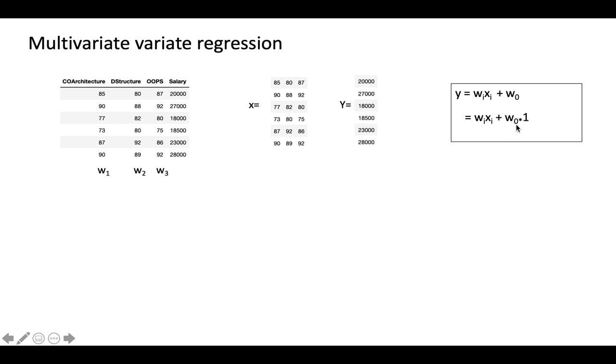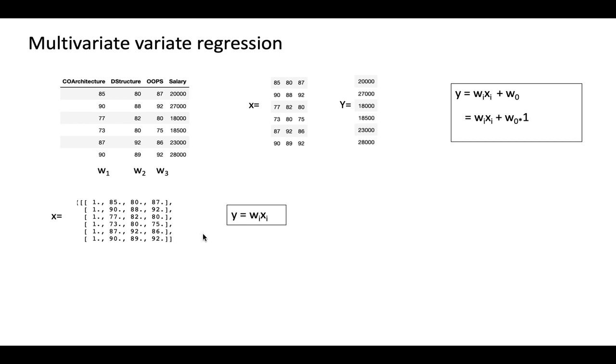Let's assume this w0 as w0 into 1, and let's assume we have one more variable which has value 1 in all the fields. So our matrix is now changed to this. It has 1 all along, and so the equation is generalized as Wx now. And it turns out that using matrix algebra we could solve this equation and get W like this.